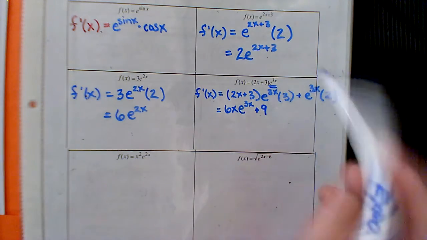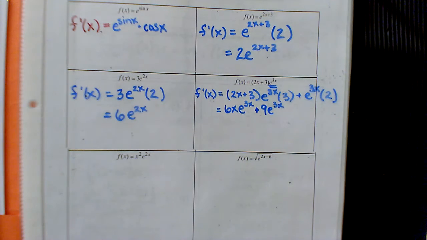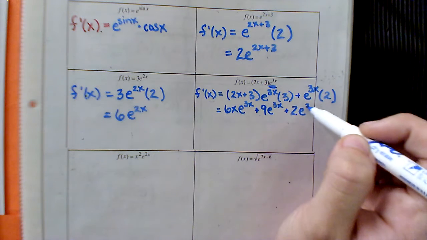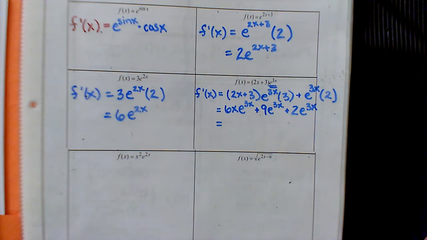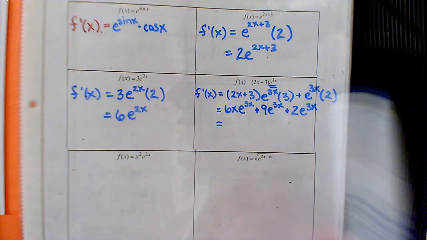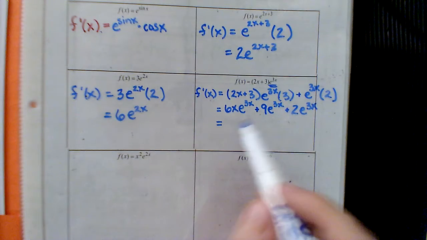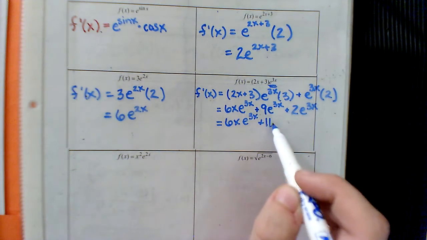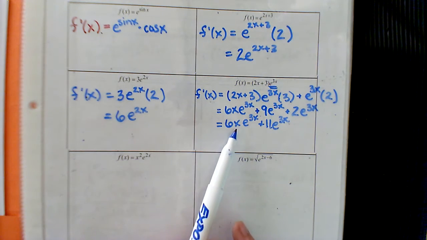And then distributing in the exponential, we have an e to the 3x. And for the last term, maybe we can just write the 2 out front as the coefficient. So with all the parentheses gone, maybe we can combine some like terms. Looks like we have a 9 e to the 3x and a 2 e to the 3x. So we can rewrite those as 11 e to the 3x. We can't combine the other one because that one has an extra x in it.